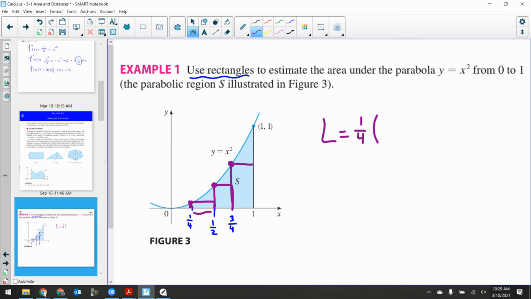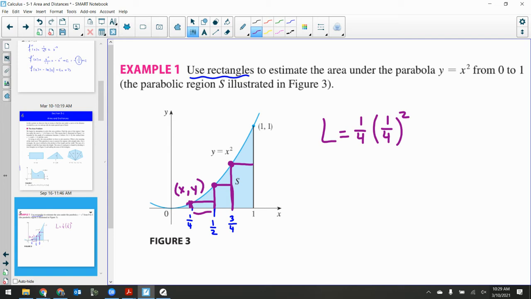That's the y value, right? This is x comma y. That's the y value when I plug in 1/4. Well, what's the equation? x squared. So it's 1/4 squared. That's this little rectangle in here.